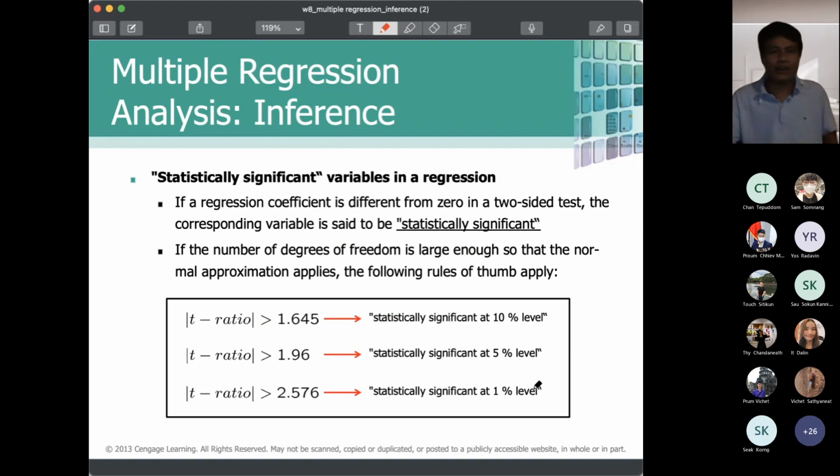So again, when we say statistically significant, it means that the T is higher than the critical value for two-sided. If a regression coefficient is different from 0 in a two-sided test, the corresponding variable is statistically significant.